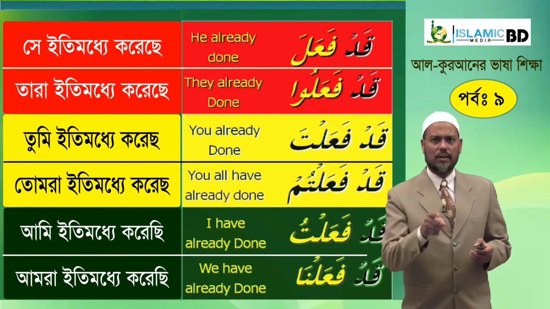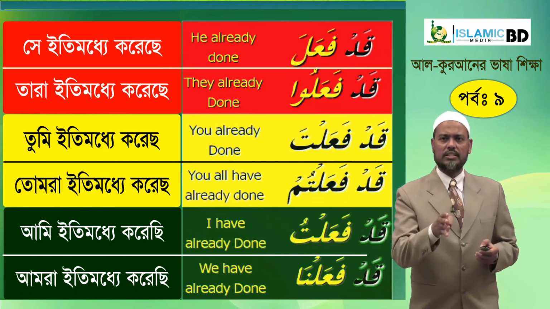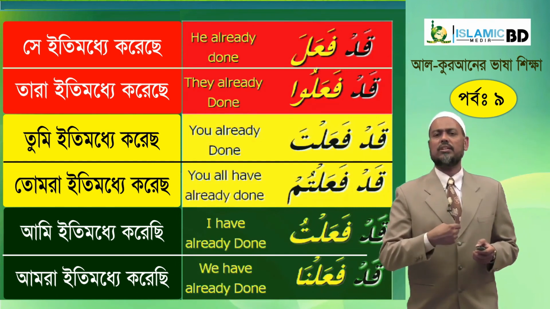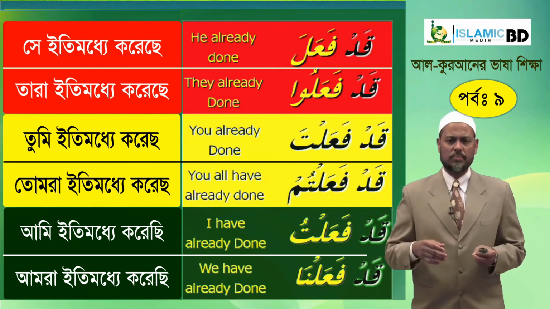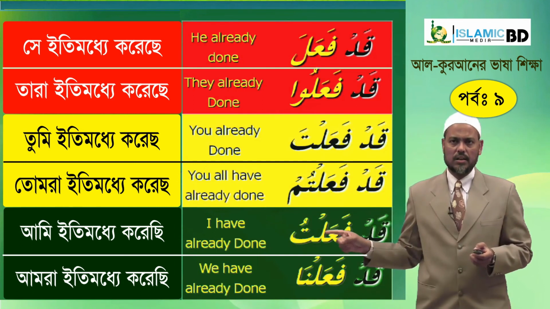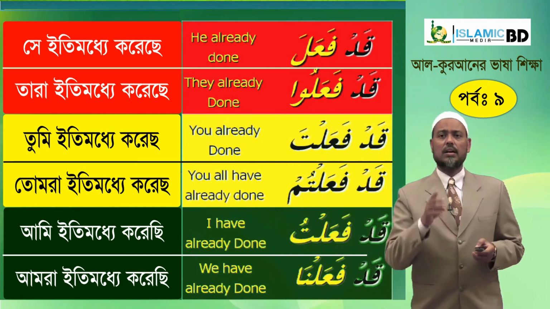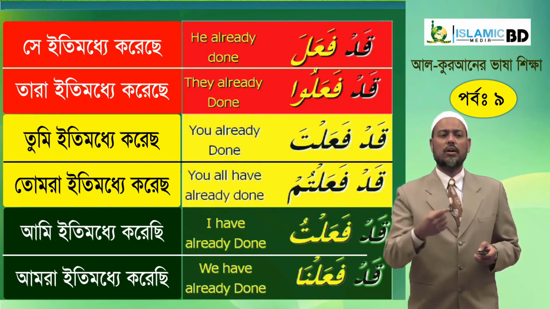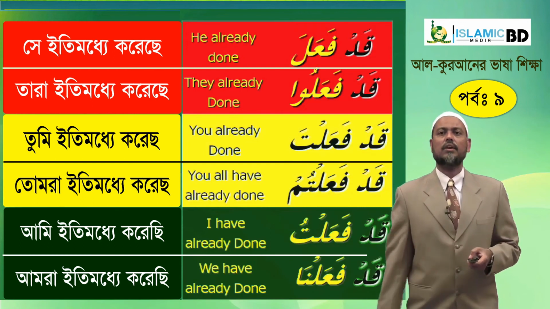Qad fa'alta, you have already done. Qad fa'altum, you all have already done. Qad fa'altu, I have already done, and qad fa'alna, we have already done. So can you repeat after me? Qad fa'ala, qad fa'alu, qad fa'alta, qad fa'altum, qad fa'altu, qad fa'alna.